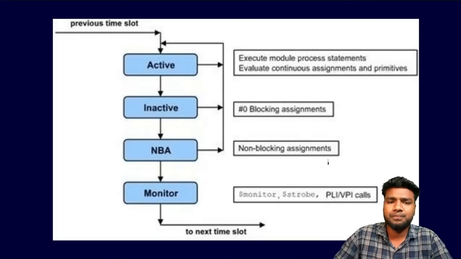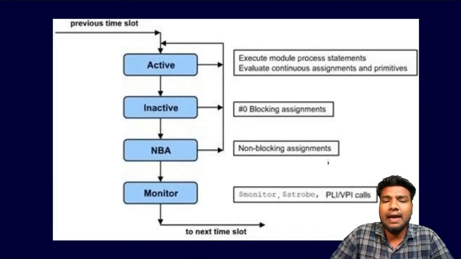In the active region, it will perform the initial stage of continuous assignments, blocking assignments, primitives, and module process statements. It means it will perform the initial stage of our code.